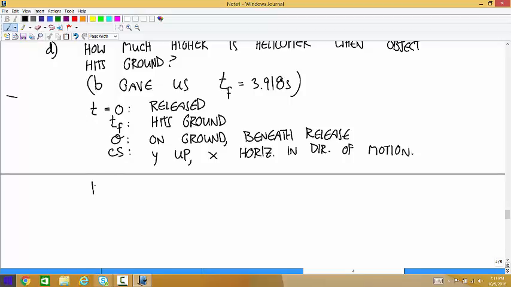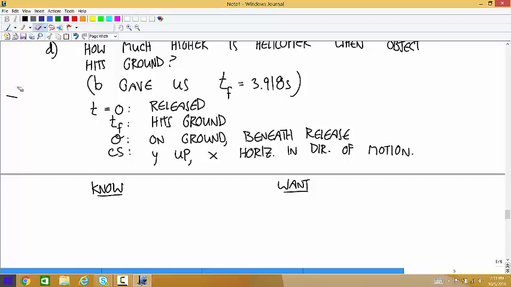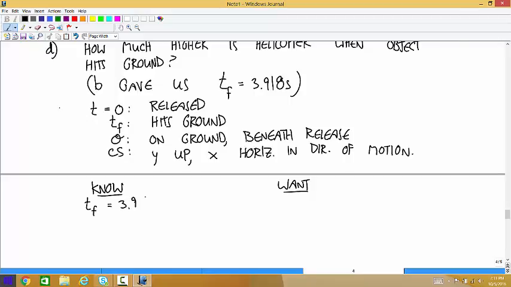Okay, so let's think about what we know and want. Do we know time final? Yep, TF is 3.918. Do we know acceleration? This is the key to this part of the problem. Yeah, so it's a constant velocity. The helicopter is not in free fall.